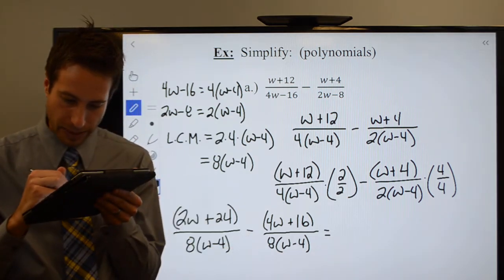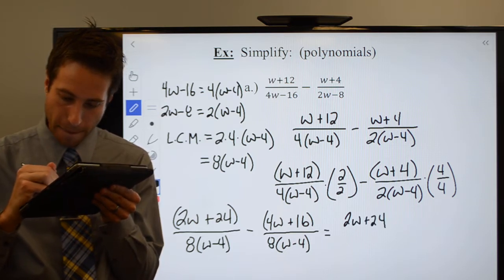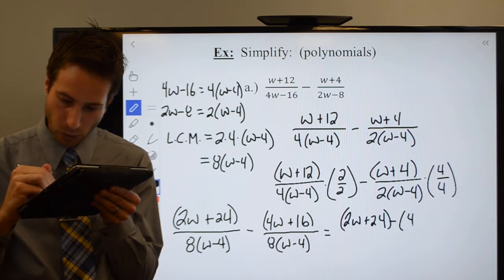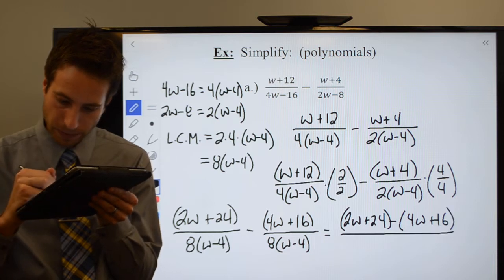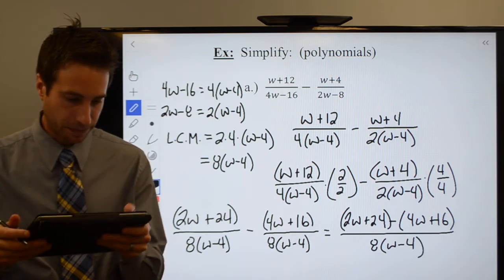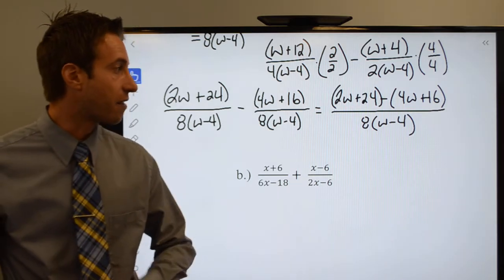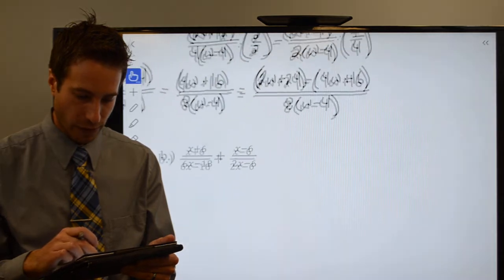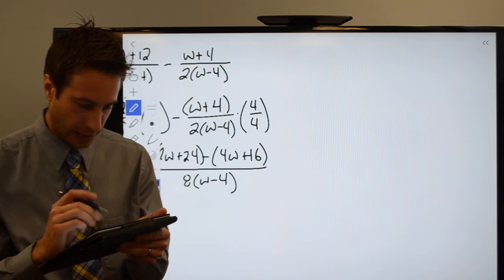So it's going to be 2w plus 24 minus 4w plus 16 all over 8 times w minus 4. Okay. Now again, there's going to be a ton of steps here that you guys will probably be very comfortable with skipping at some point. I apologize. Let me slide this over so that I've got some space here. And I'll come up here to keep going.